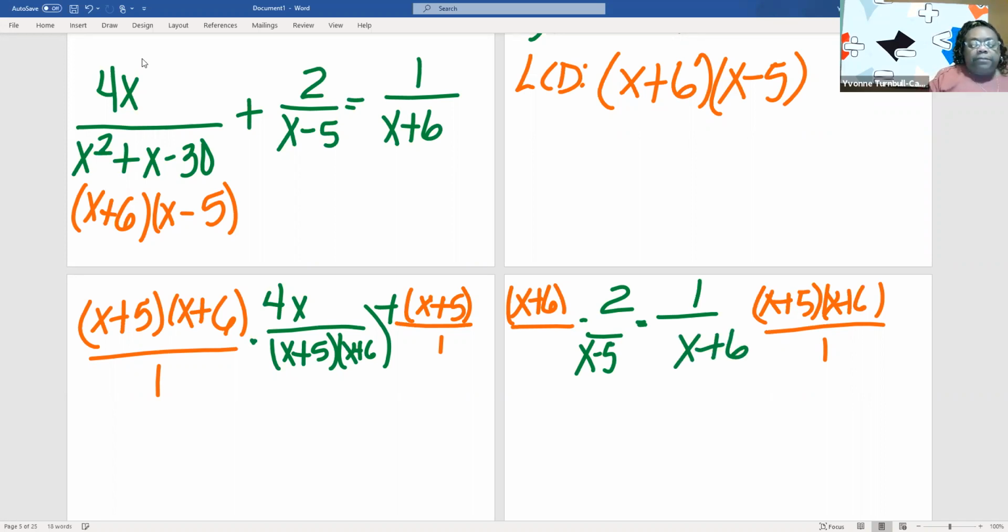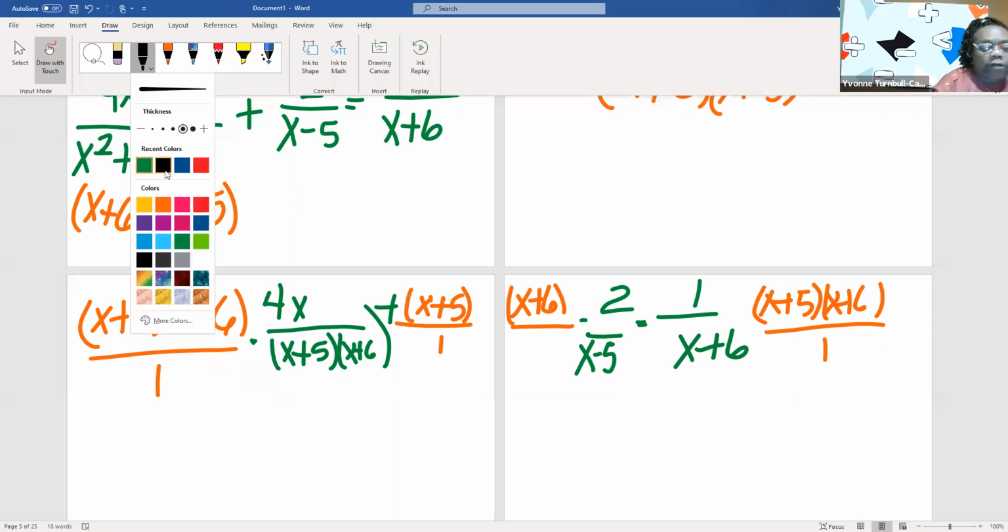So my original problem is in green, and my LCD is in orange. Remember, we're trying to get all our denominators to be 1. So now we need to cross cancel.